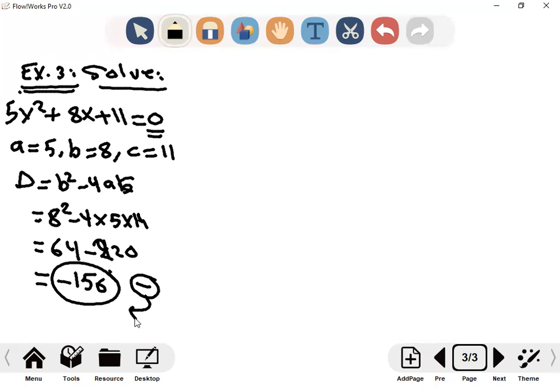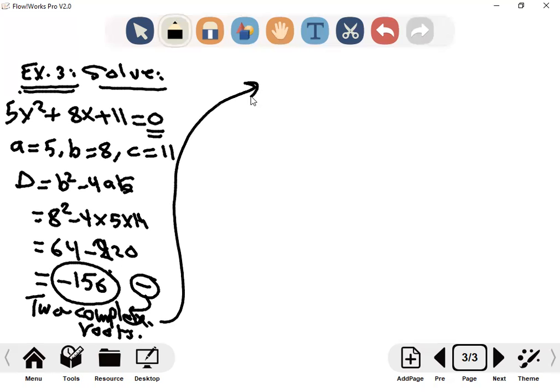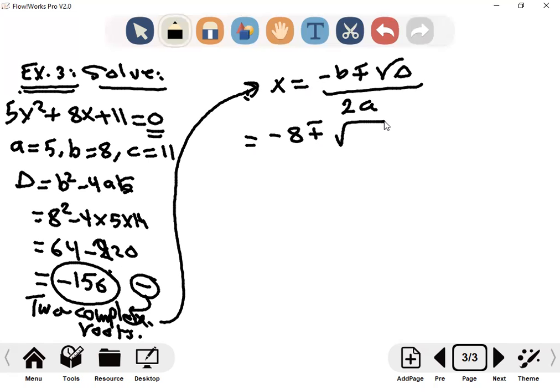It is what? Negative. So we have two complex roots or solutions. Okay. Now let's find them. X equals minus b plus minus square root of delta over 2a. X equals minus b. b is what? 8. So minus 8 plus minus square root of negative 156, which is delta, divided by 2 times a, which is 5.